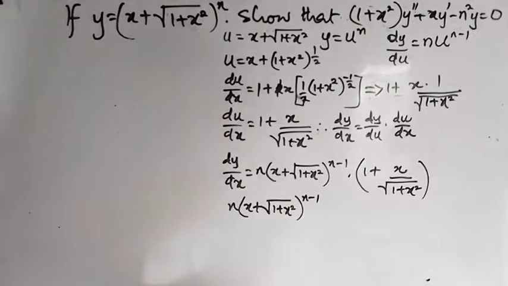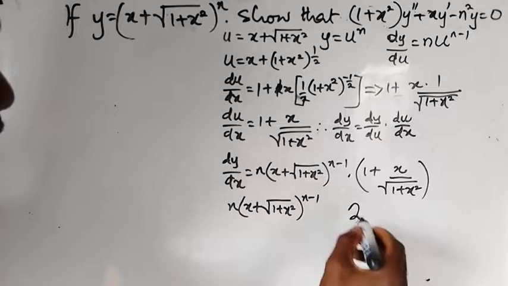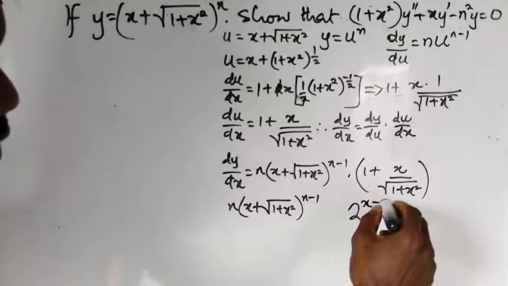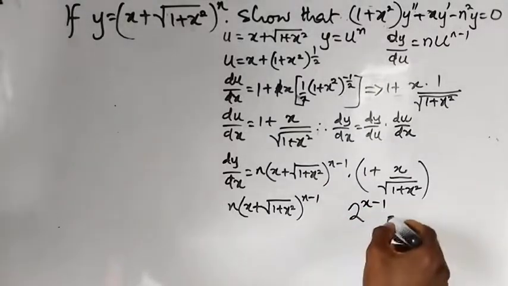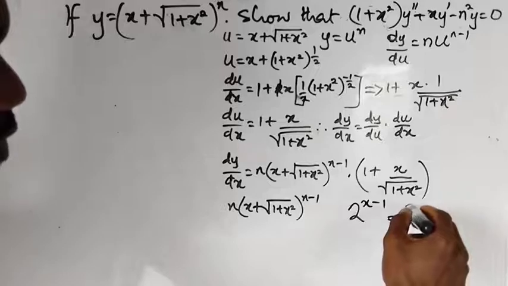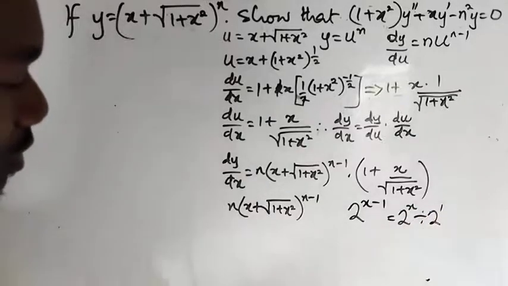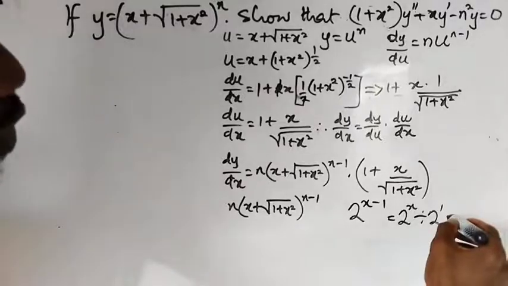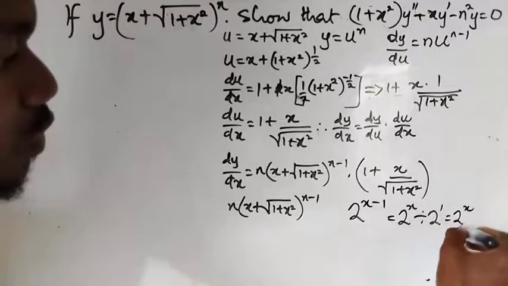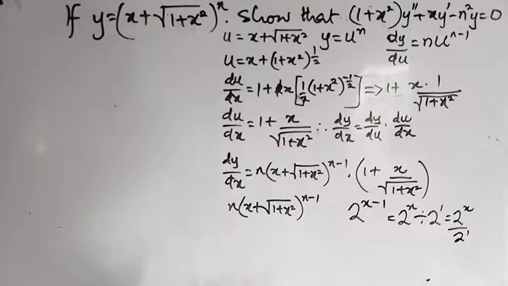Now we know that in indices, if we have for example 2^(x−1), this implies that 2 raised to the power x divided by 2 raised to the power 1. The same principle we're going to apply here.